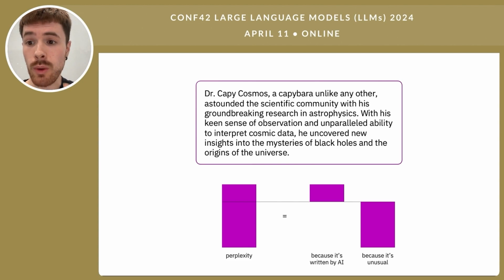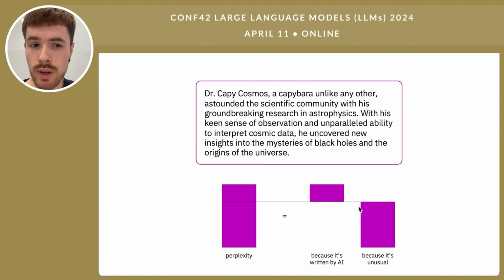When we write as humans, we use some words that wouldn't be the top choice for GPT, for example. GPT will be more surprised to see a human text than a machine text. And what we try to do is isolate these two parts of surprise.